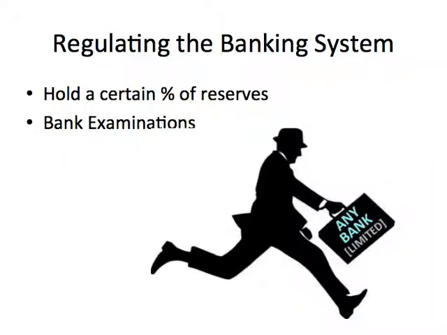One of the number one reasons why we had the Fed is to monitor the banking system. And as we already mentioned, each bank is required to hold a certain amount of reserves. And then also these banks can be audited. A bank examiner, usually a team, would go to the bank and open up all their financial records and books, and then they would monitor to make sure that bank is doing things correctly.